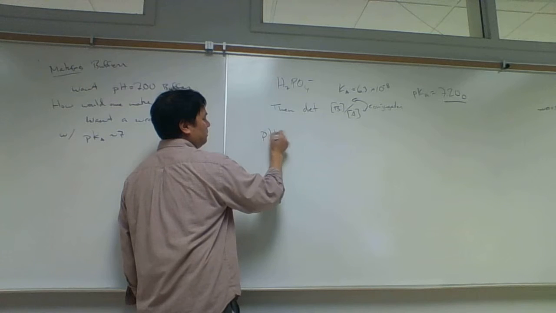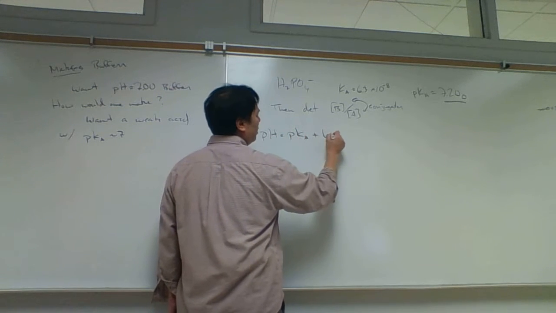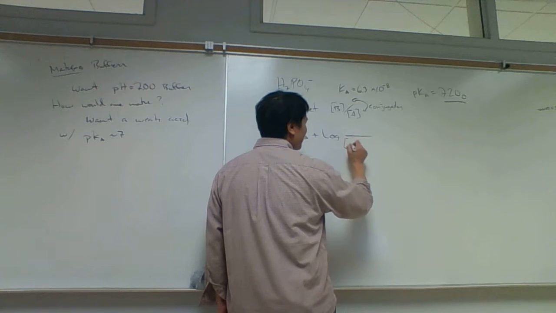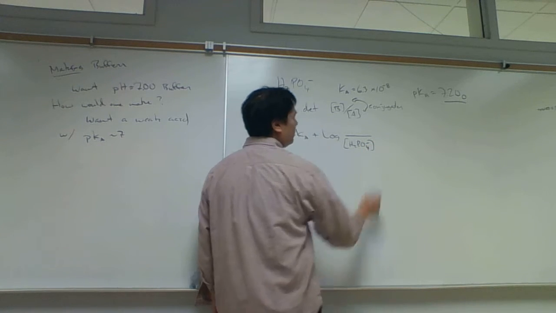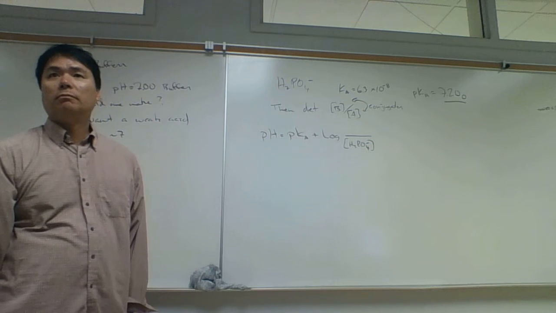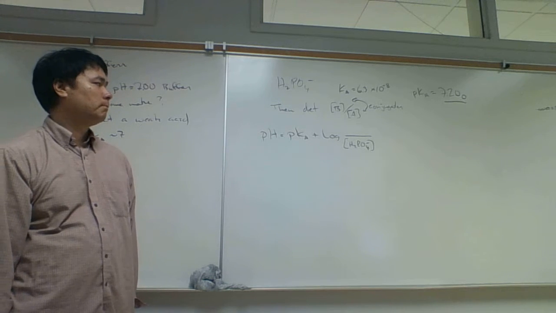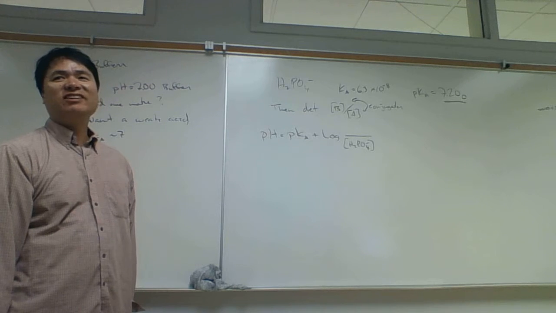And so the pH is equal to the pKa plus the log. Now, the base, I don't know, but I know the acid. The acid has to be H2PO4 minus. What is the base in that case? So we figured out what the acid is. Now we have to figure out its conjugate base.